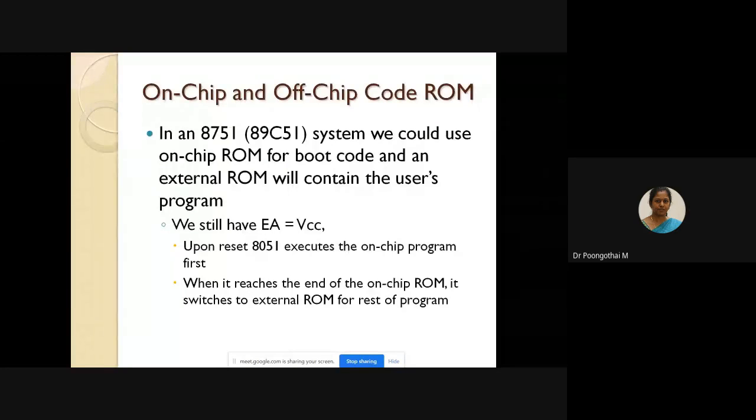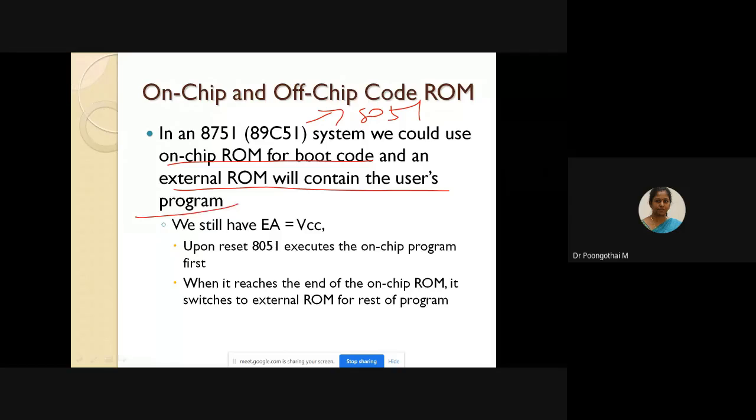So next, coming to on-chip and off-chip code ROM, the 89C51 is similar to your 8051 microcontroller. So here we can use on-chip ROM for boot code. So booting initialization should be stored in on-chip ROM, and external ROM will contain the user program.